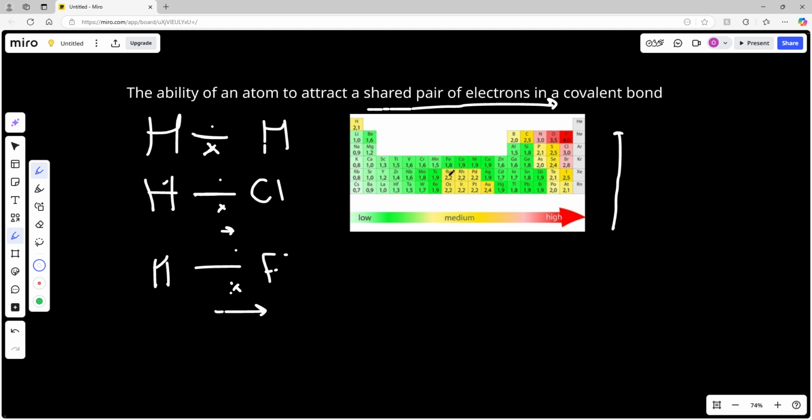I'm not going to go into why some atoms are a bit different, because you don't need to know it for A-level chemistry. You just need to know that typically electronegativity increases up the group and across the period.